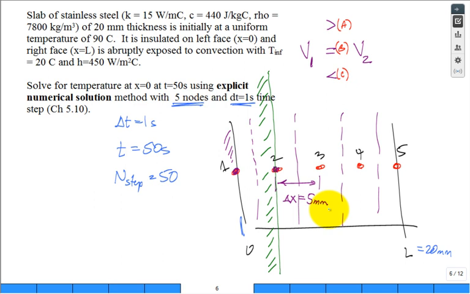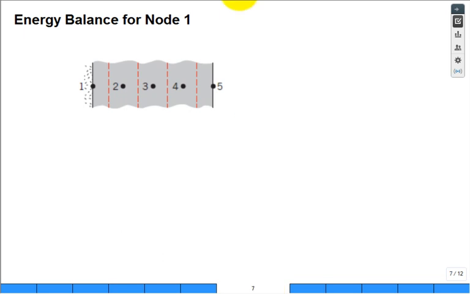Let's now write an energy balance for the first node, second node, and go through the mesh. So where is node 1? Right here. Let's write our conservation of energy equation. It would be the rate of change of the energy for the control volume associated with node 1 with respect to time is equal to the rate at which heat's flowing into the control volume, and I'm going to say from 2 into 1.